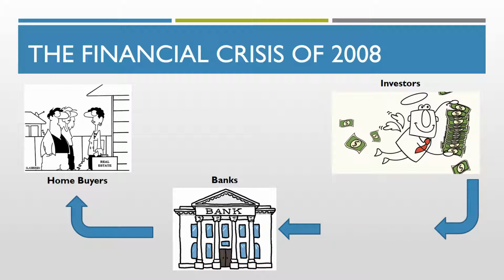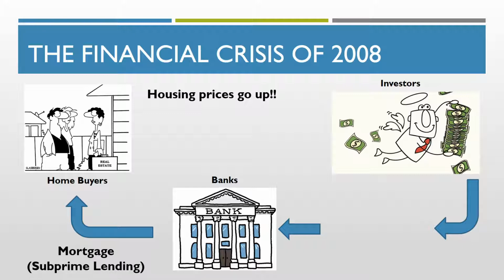But the problem actually accumulates through time. As the housing prices keep increasing, the home buyers are getting very excited because they thought that the price of houses will only go up and never come back down. So more and more home buyers join the market to buy a house, and the banks are basically here for the business.